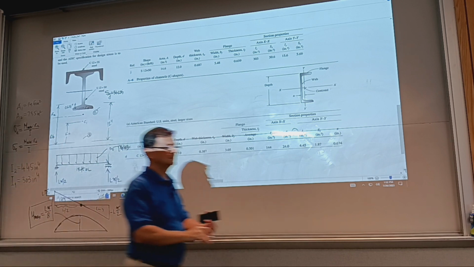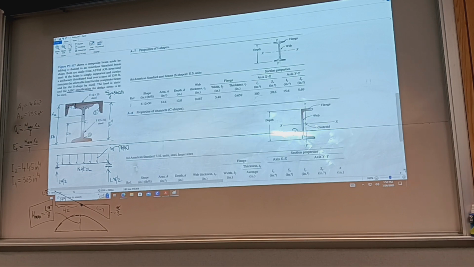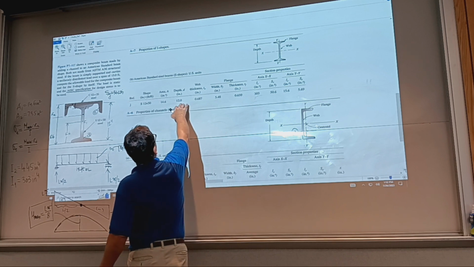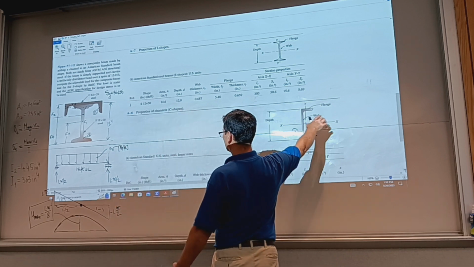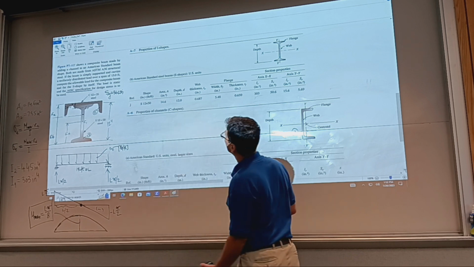Okay. Then you go back. What else do we need from here? I think we have everything from this depth. Yeah, flange depth, it says, was 12 inches.